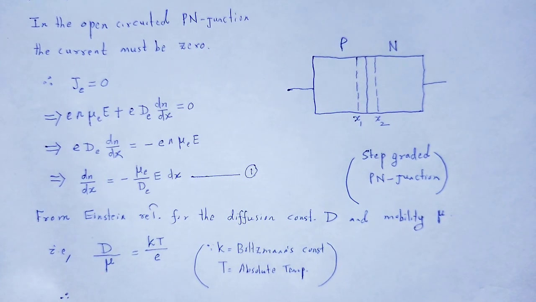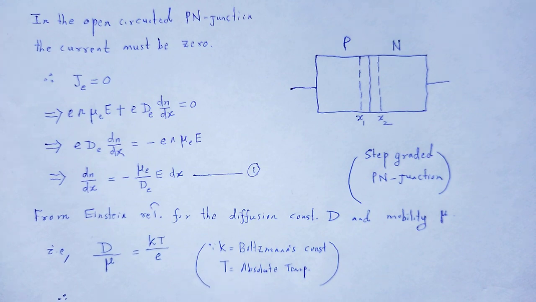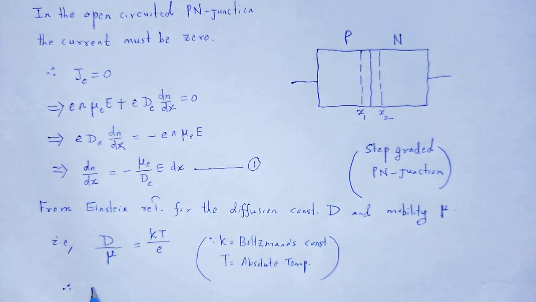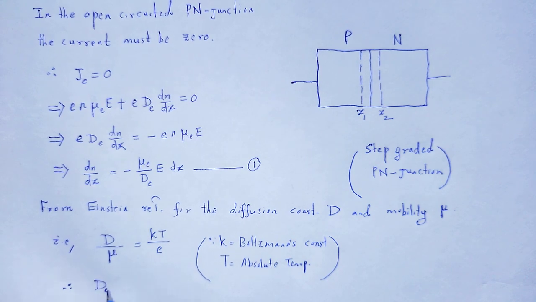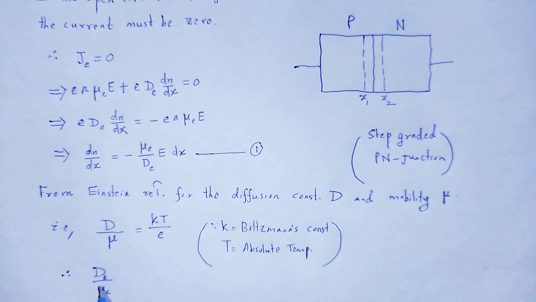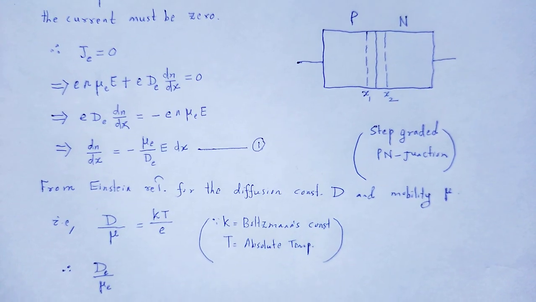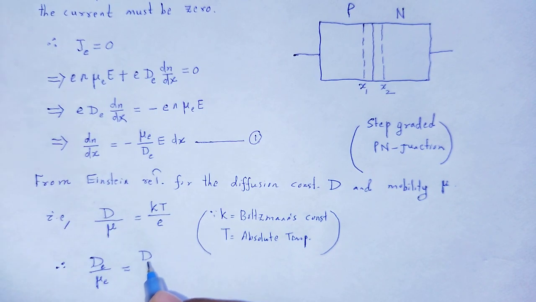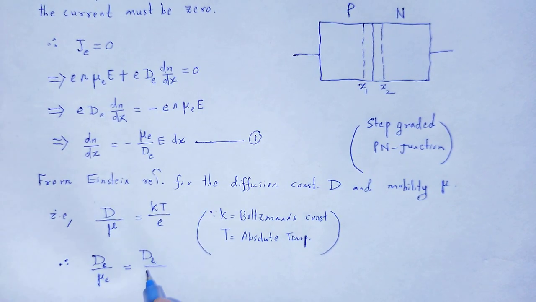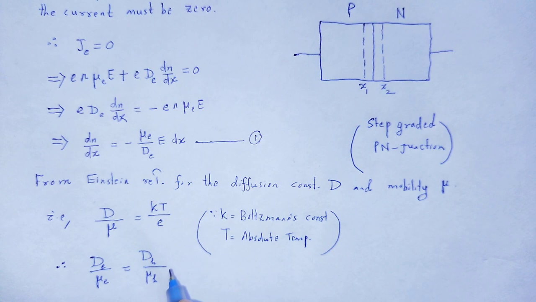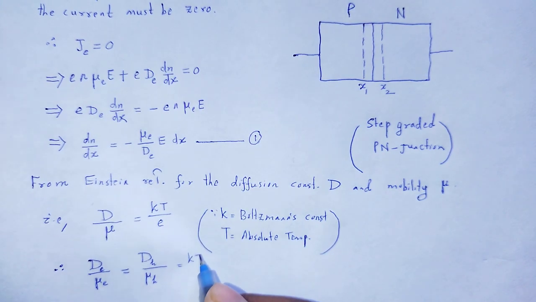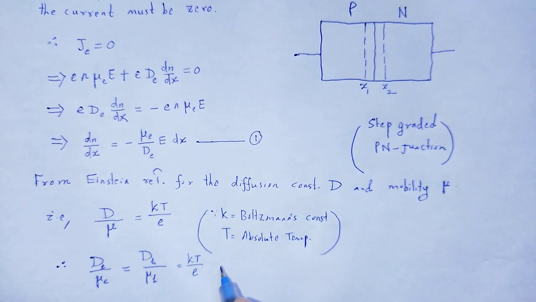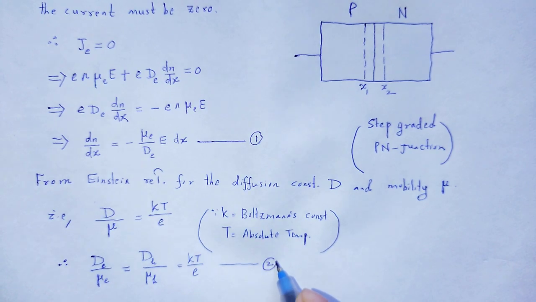Therefore, for electrons as well as holes, we write D e by mu e, diffusion constant for electrons to the mobility of electrons, is equal to D h by mu h, diffusion constant for holes to mobility of holes, is equal to kT by e. Let this be equation number 2.